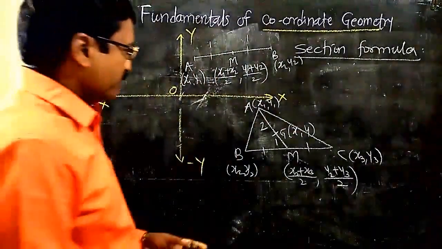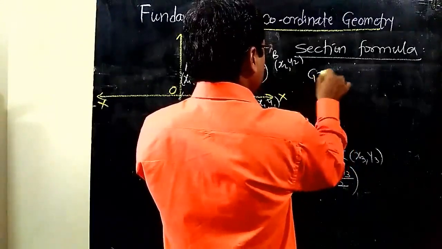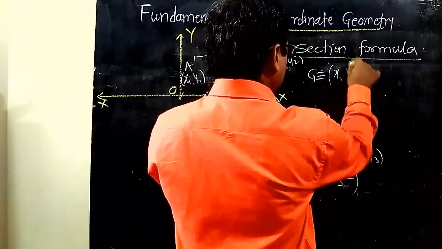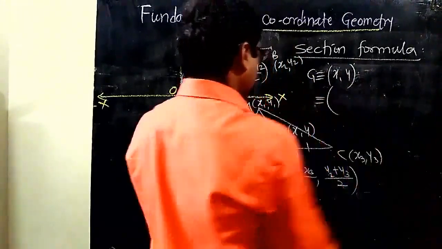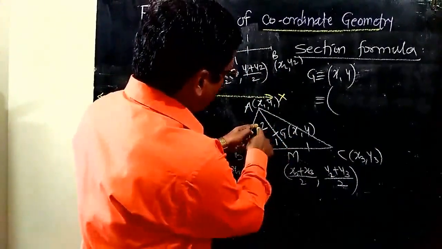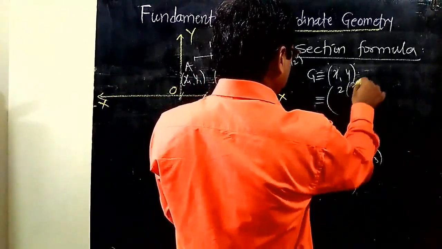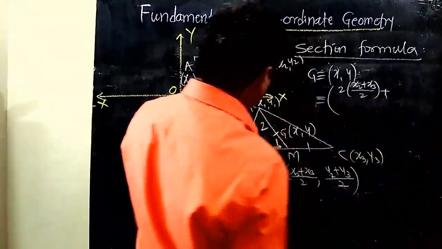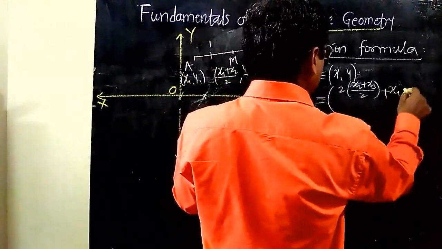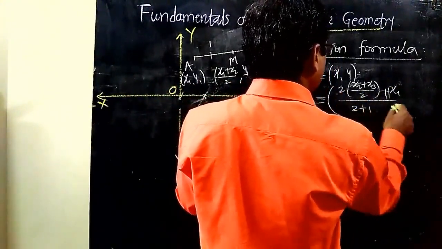So let us apply the section formula for this point G. Let us find x. x is 2 into x2 plus x3 upon 2, plus 1 into x1, upon 2 plus 1.